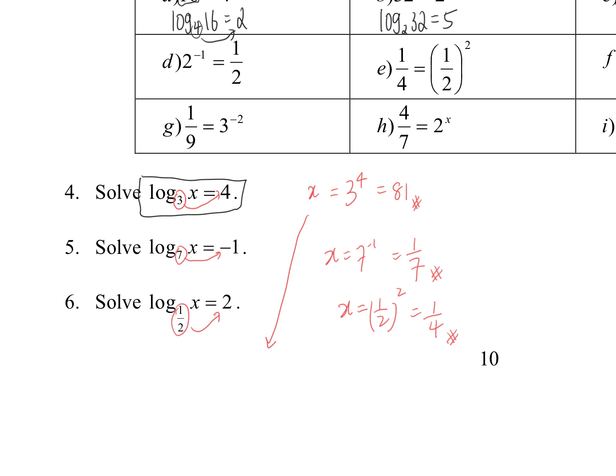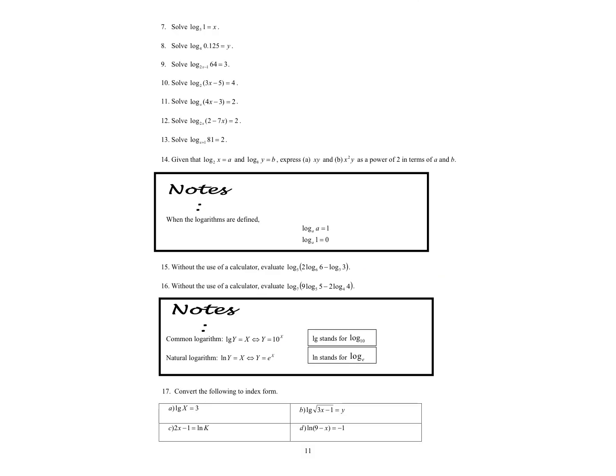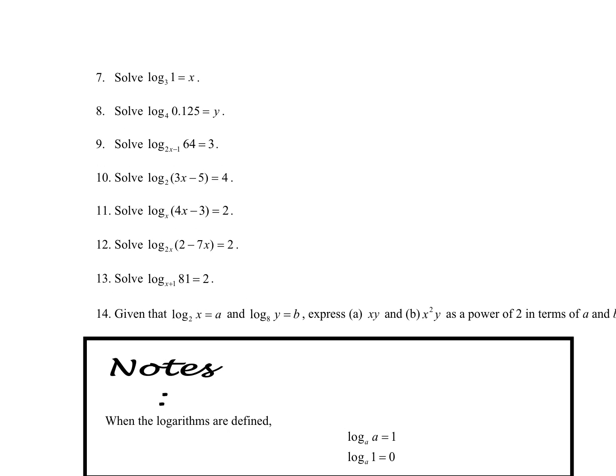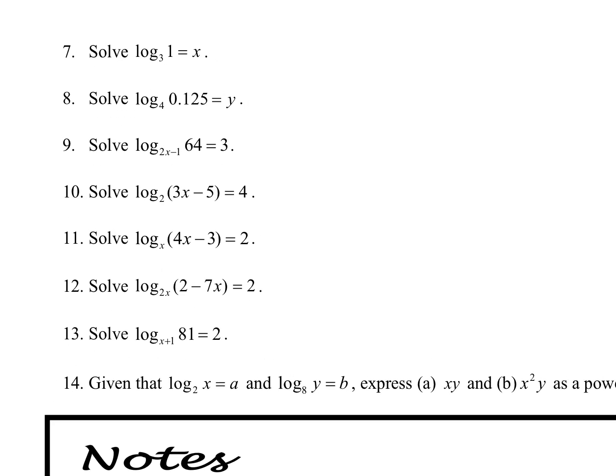Okay, next few laws. Let me just very quickly. All these are the same. I'm not going to go through in details. Take note, I just go through one here, for example. This one, same thing, push up. So 64 is (2x minus 1) cubed.